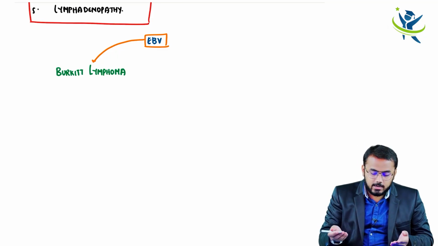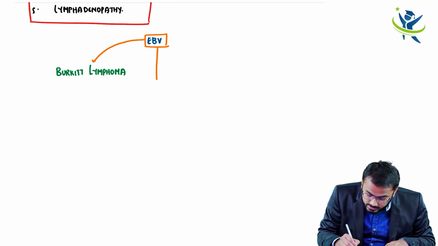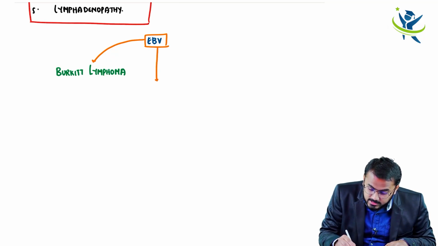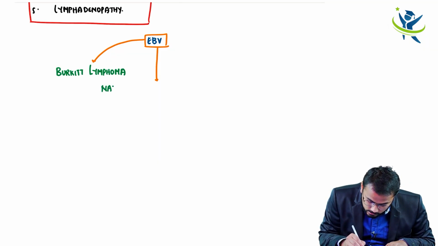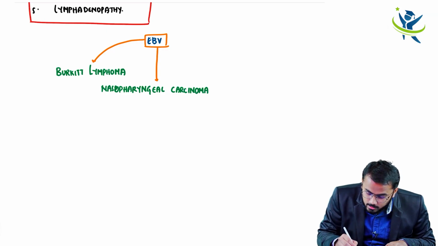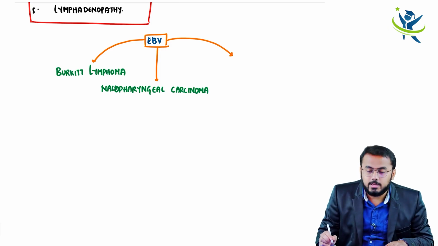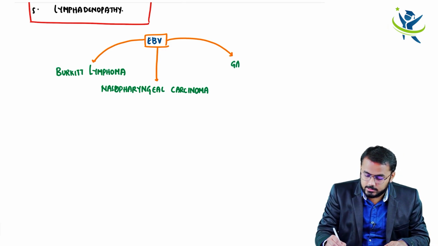Along with the infection, they are also going to have these cancers. What are they? One can be Burkitt lymphoma. Not only Burkitt lymphoma, sometimes it can be NPC. NPC means nasopharyngeal carcinoma, or it can also be gastric carcinoma.